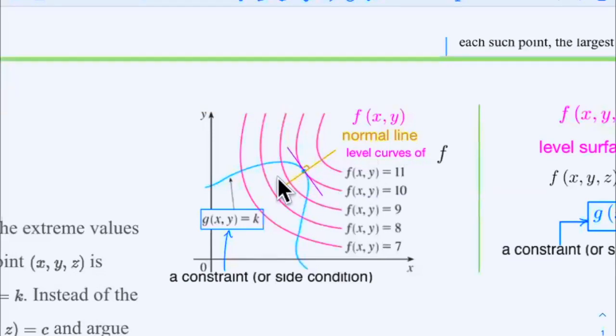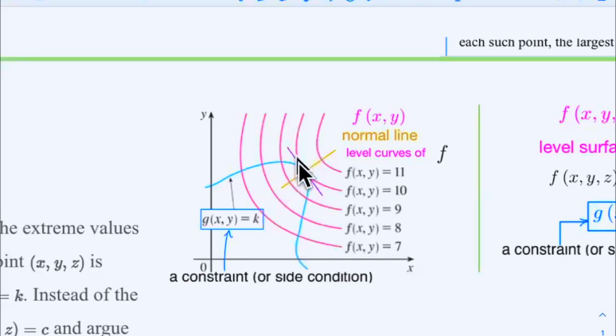And when they have a common tangent line, that means the normal line for both curves will be the same at this point, right? The relation between normal line and tangent line is this. This is the tangent line. The normal line is perpendicular to the tangent line at this point.